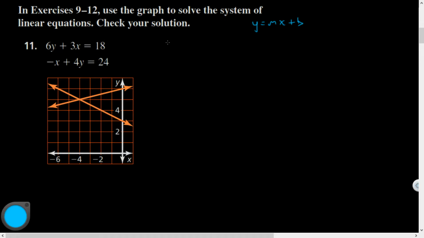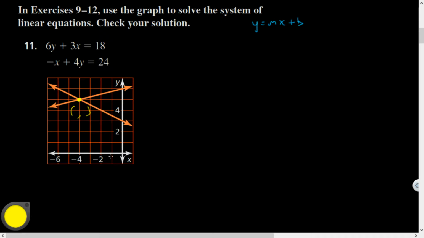But the solution of the system graphically, the XY combination that would make these equations true simultaneously, is going to be the point that these two lines intersect at. So what is that point? What are the coordinates of that point if I wrote them as an ordered pair? Let's see.